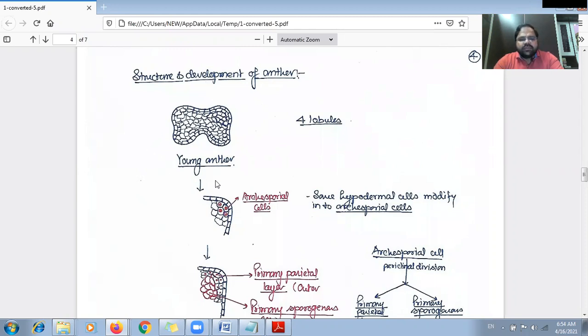Now we can see that this one is the young anther, and this young anther has four lobules, one on each corner.